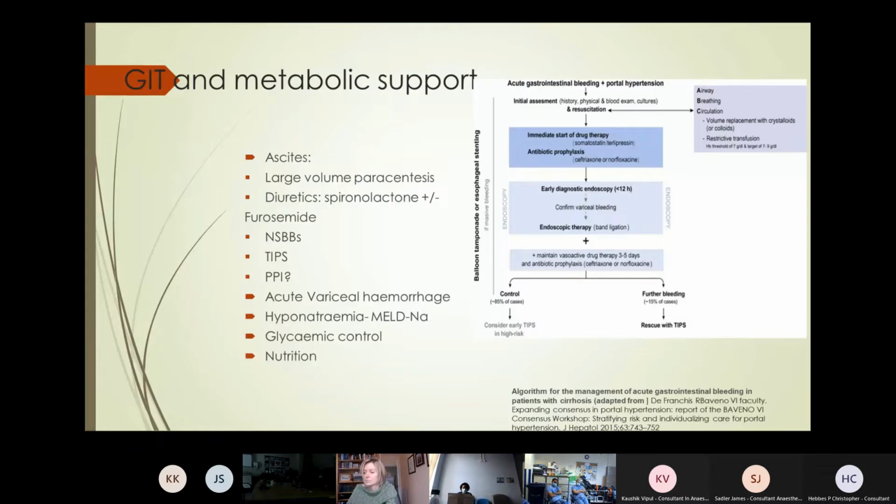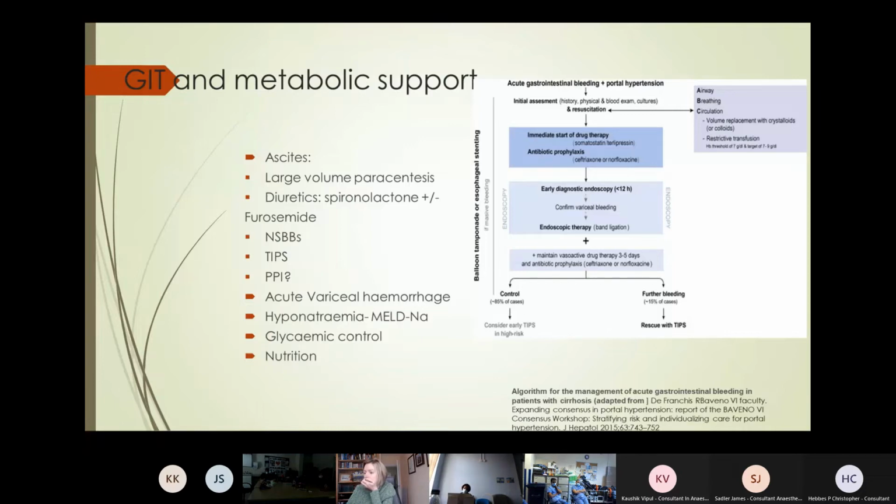What is the other thing? Yes, diuretics. You want to start with an antimineralocorticoid. Why? Because due to the vasodilation, we have the RAS system which is activated, with increased aldosterone, which will increase sodium absorption. This sodium and water absorption is the main contributor of the ascites. So you want to start with spironolactone.